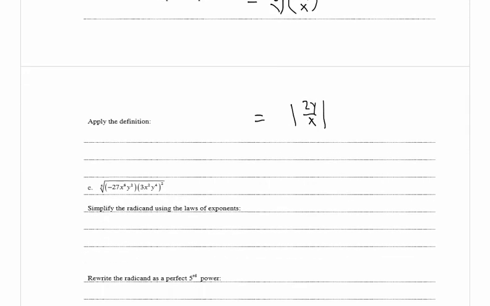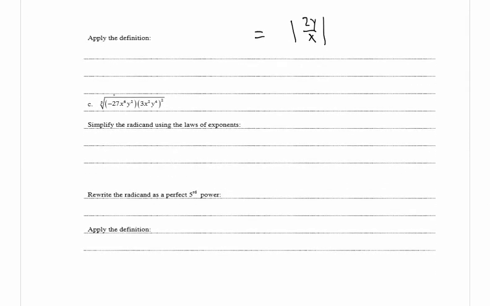In C, we have the fifth root of negative 27 x to the 6th y squared times 3x squared y to the 4th, squared. They want us to simplify the radicand using laws of exponents, so we can say that this is equal to the fifth root of negative 27 x to the 6th y squared times 3 squared is 9, x squared squared is x to the 4th, and y to the 4th squared is y to the 8th.